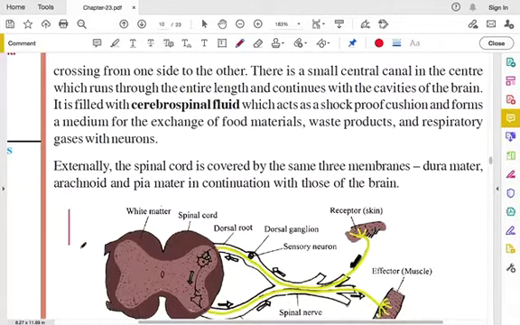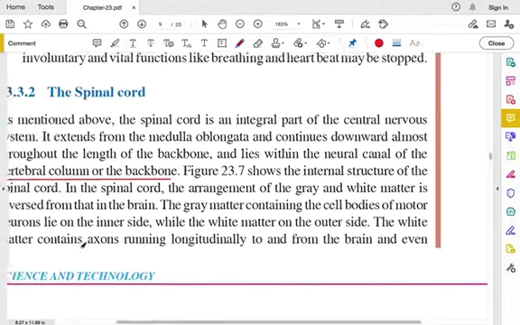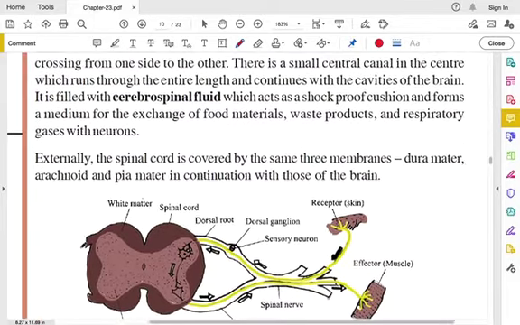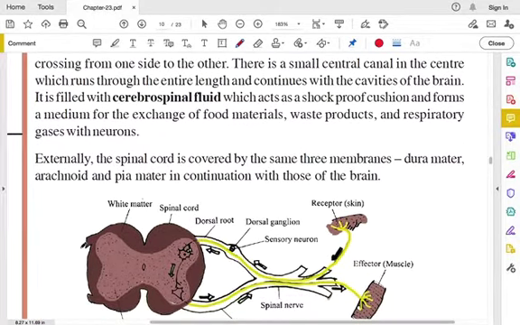In the center of the spinal cord, it runs through the entire length of the vertebral column, and it continues with the cavities of the brain. Cavities means like a passage, a space.